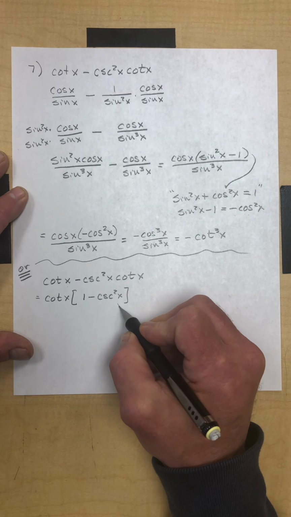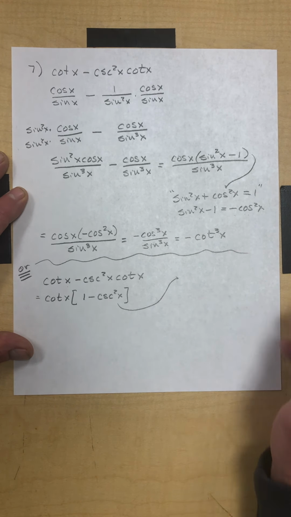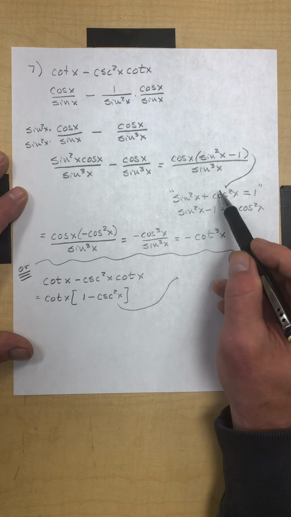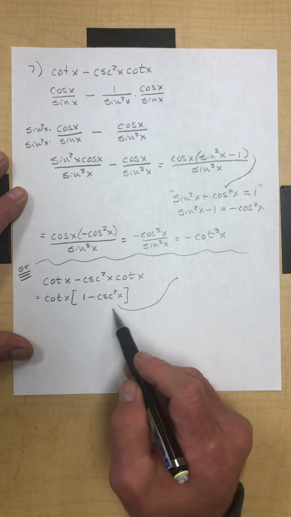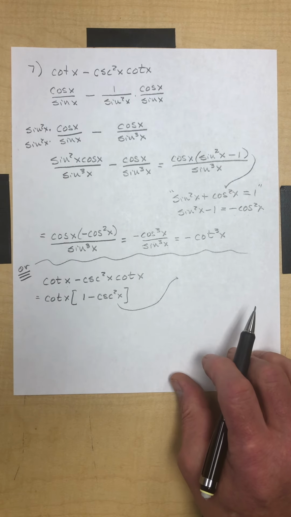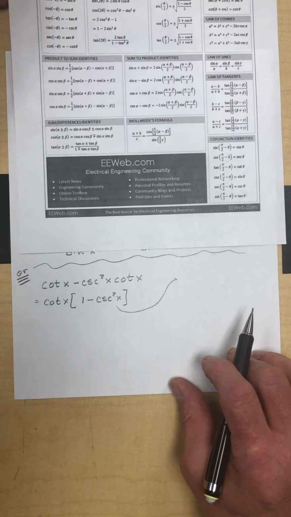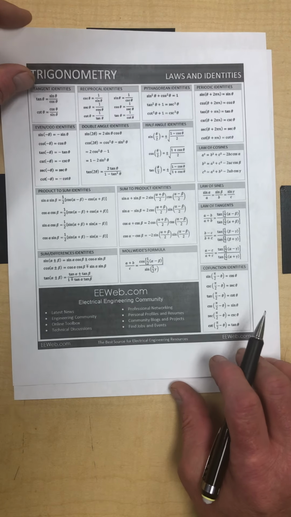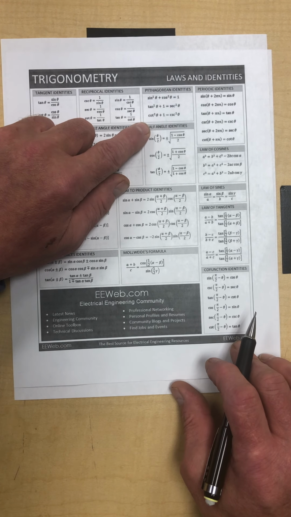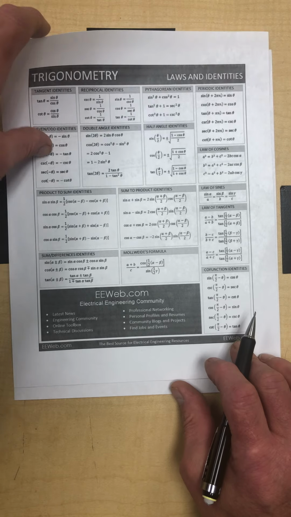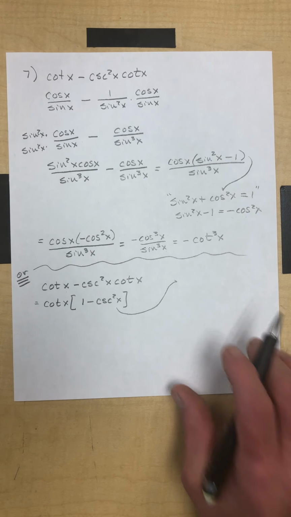Now, just like when you see sine squared and cosine squared, when you see cosecant or cotangent squared, you've got to be thinking about your Pythagorean identities. So we go right here to our Pythagorean identities, and we have cotangent squared plus 1 equals cosecant squared.